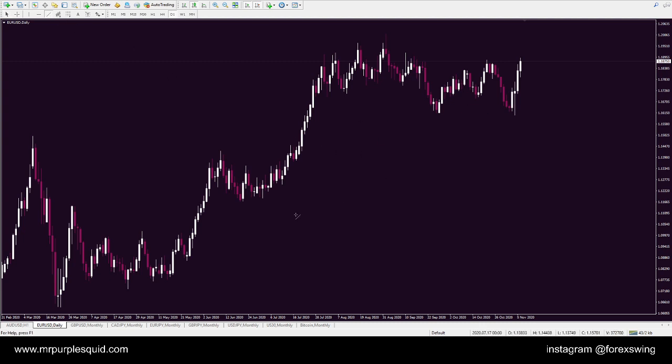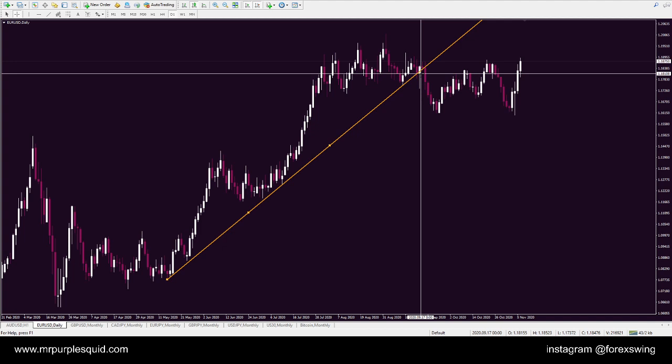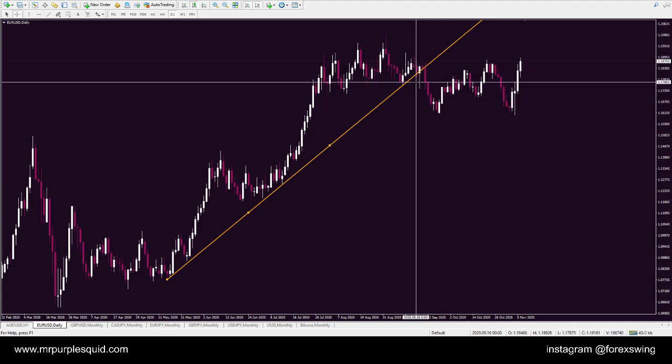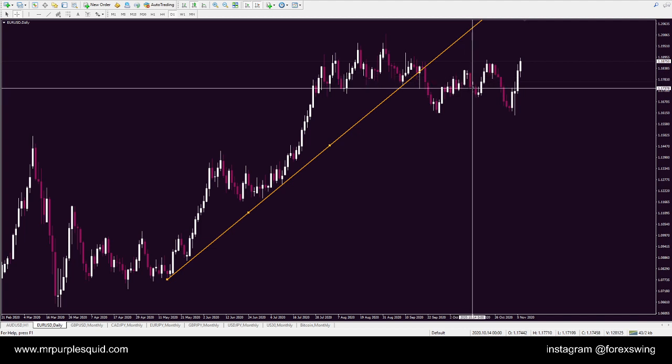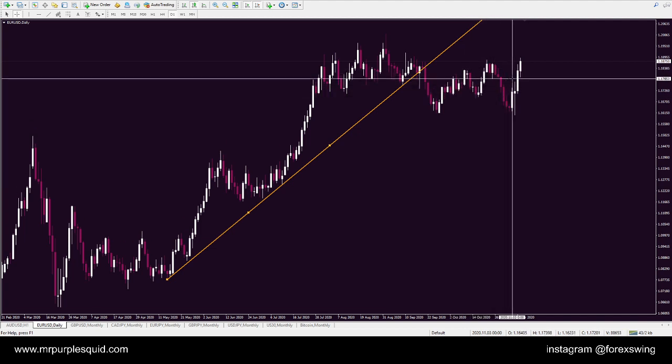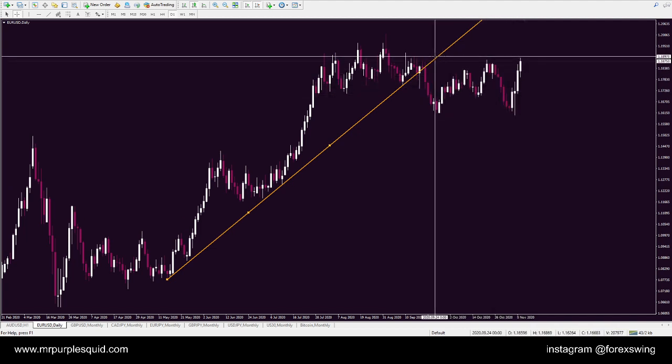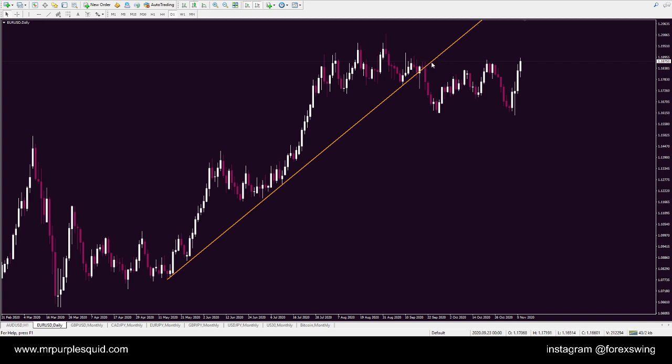On the daily, putting some trend lines. This one is not necessary anymore because price broke the trend line and started its own new pattern.